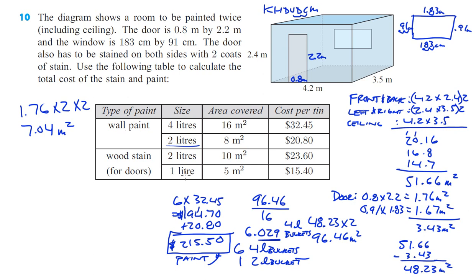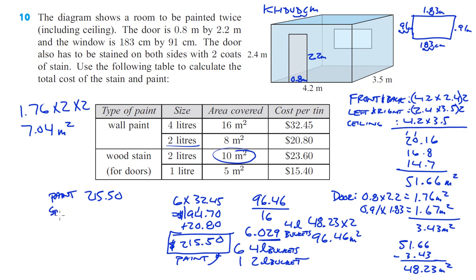So let's see, if we got 7.04 square meters that we got to cover with that, we should probably buy the 10-meter bucket, right? Okay, for $23.60. So we've got our $215.50 for paint, and then we need to buy a 2-liter bucket of wood stain.